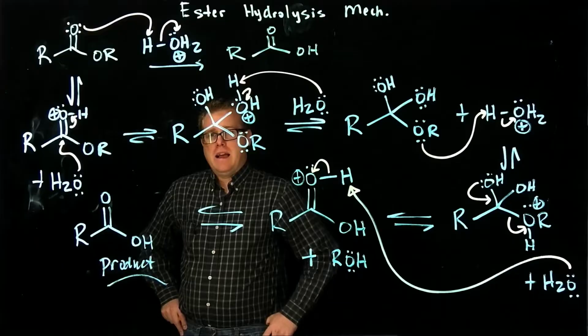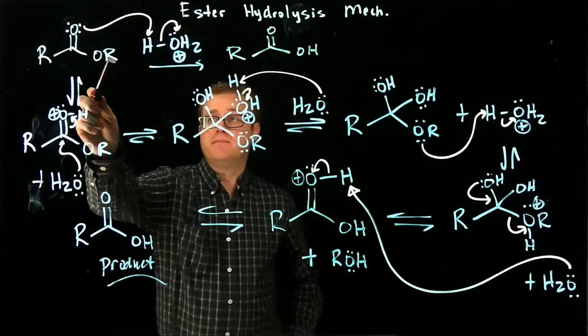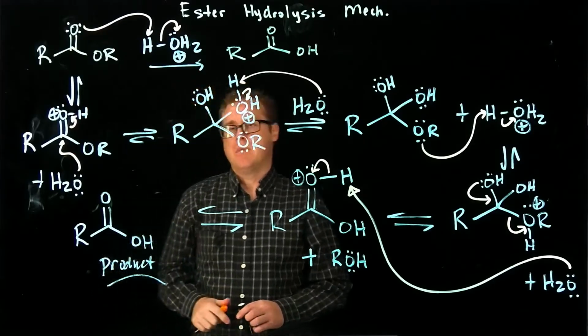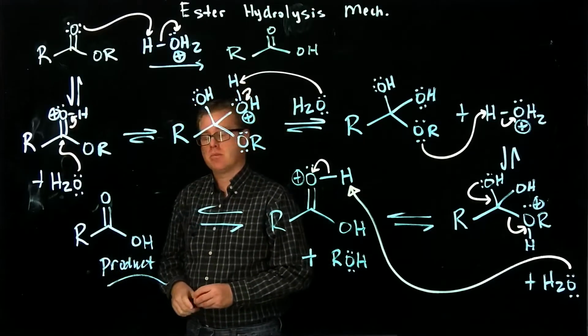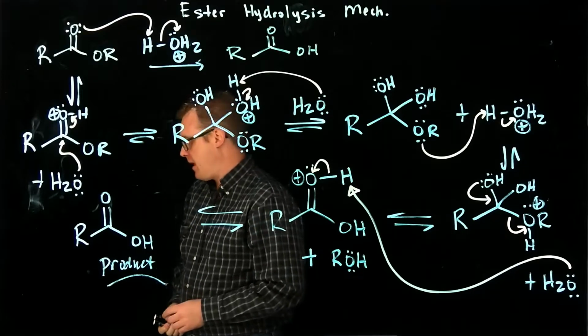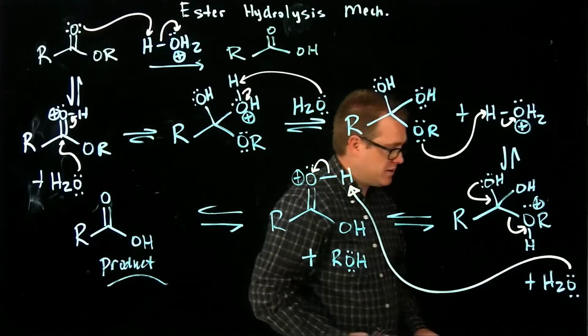So the next reaction that we want to look at is when we take an ester and treat it with an amine, and then we will get an amide as our product, and we call that reaction aminolysis. So we're going to take a look at that when I clean this board.